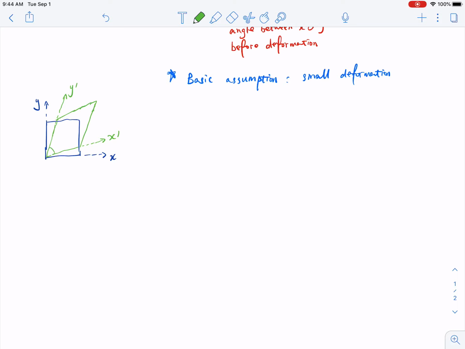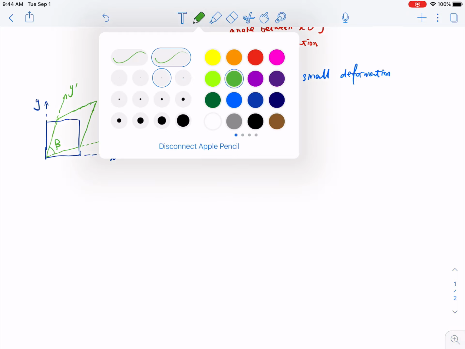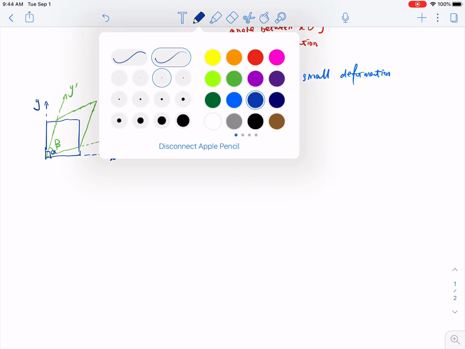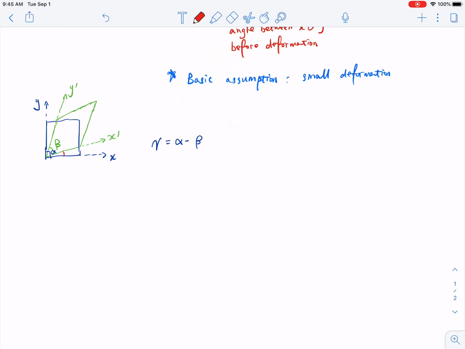This is our beta, and here is your alpha. If we want to calculate gamma, we should use alpha minus beta. So what is alpha minus beta? We have two components. The first component is here, the second component is here.